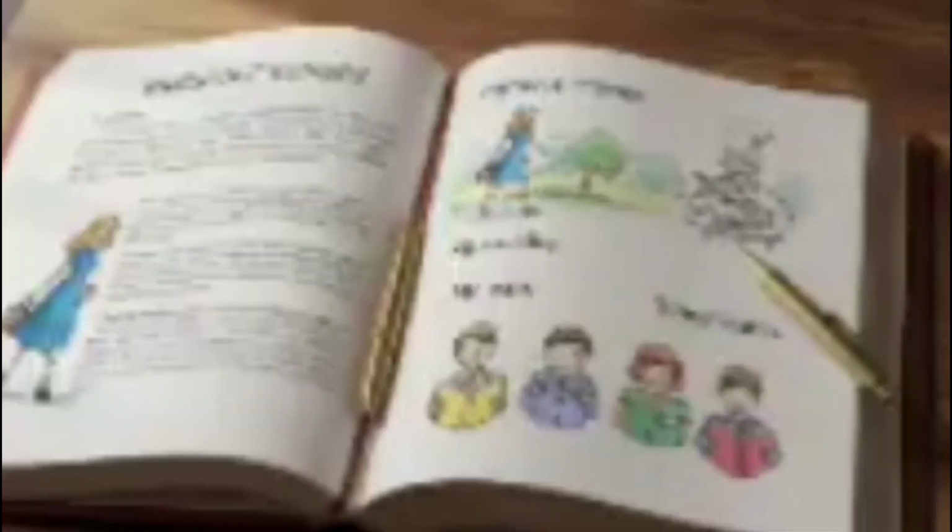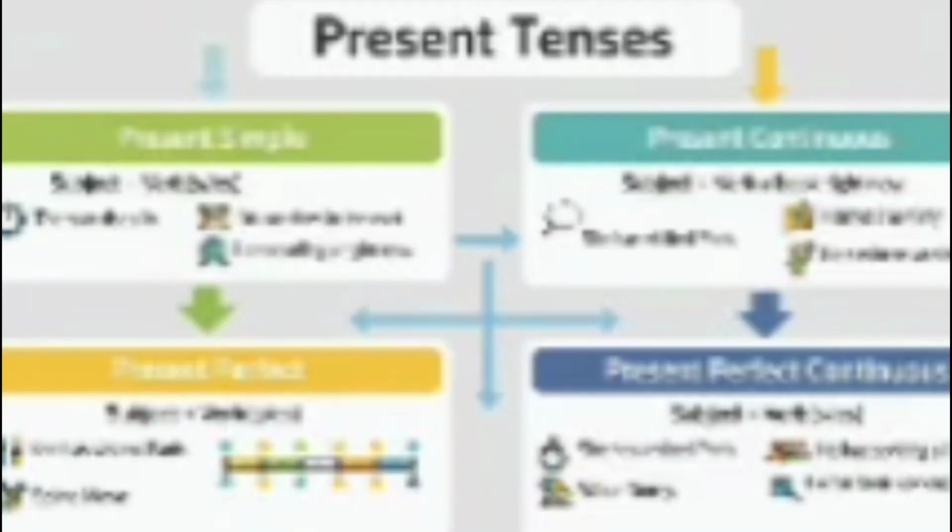In present tenses, the first tense is simple present or present indefinite tense. How to use present indefinite tense? We use simple present tense when an action happens regularly, or we use the sentences of this tense for general truths.